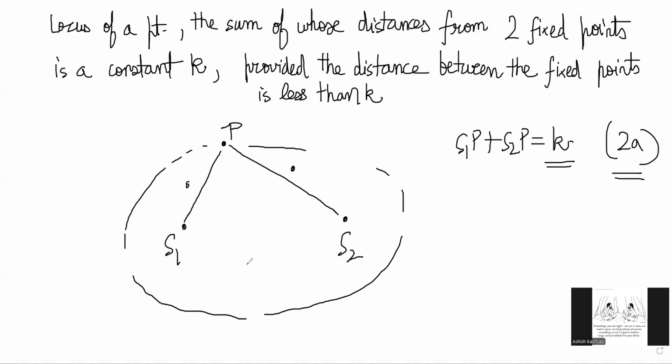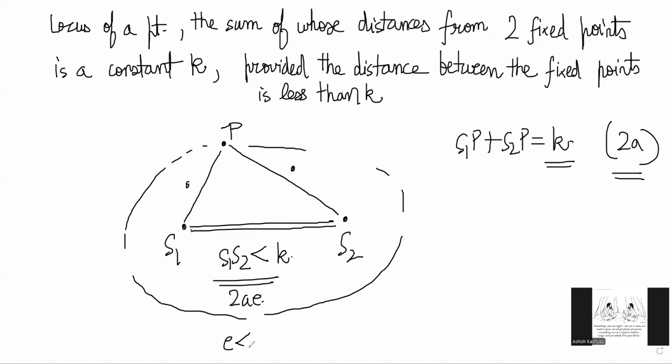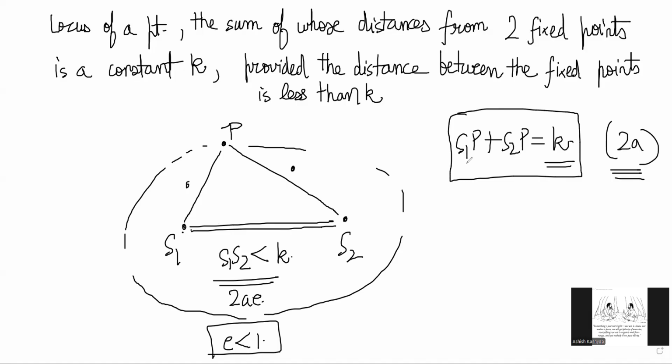You have to ensure that the distance S1S2 is less than k, because the distance between the foci of an ellipse is actually 2ae, and e should be less than 1, so 2ae is less than 2a. So the distance between the two given fixed points should be less than k. And if P describes a locus where S1P plus S2P is equal to k, then that P will describe an ellipse, right?